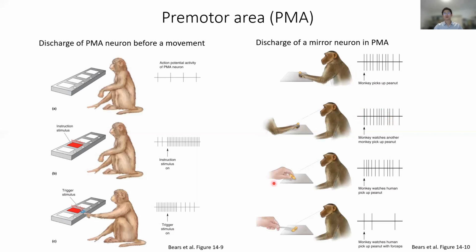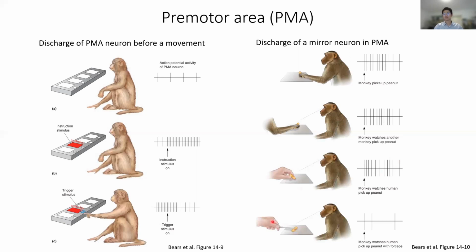And if we use a human to pick up the peanut, the same movement, but with a human, and the monkey is still watching but not moving, you still see this activity in these neurons. And in the other case, the experimenter does another movement, not grasping with the hand, but using a tool to pick up the peanut.